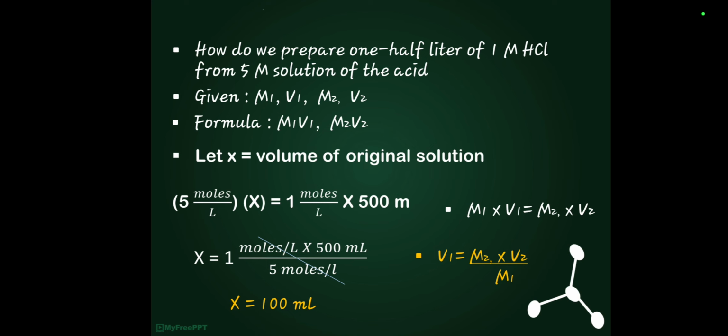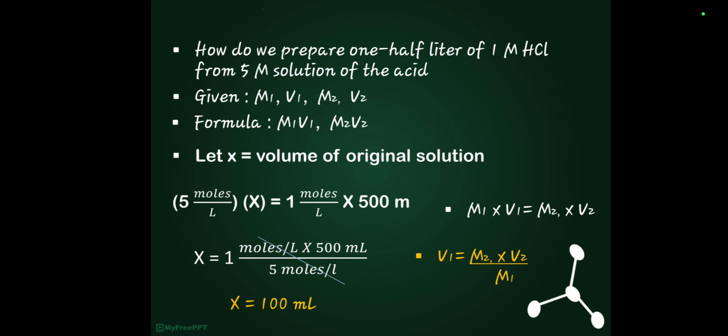X as V1 equals 1 mole, since 1 here is the molarity 2, multiplied by 500 mL. So 1 times 500 equals 500, divided by 5 moles per liter, which equals 100 mL.